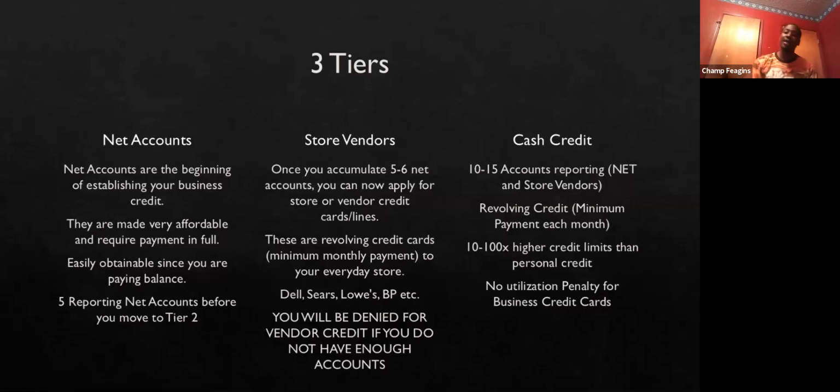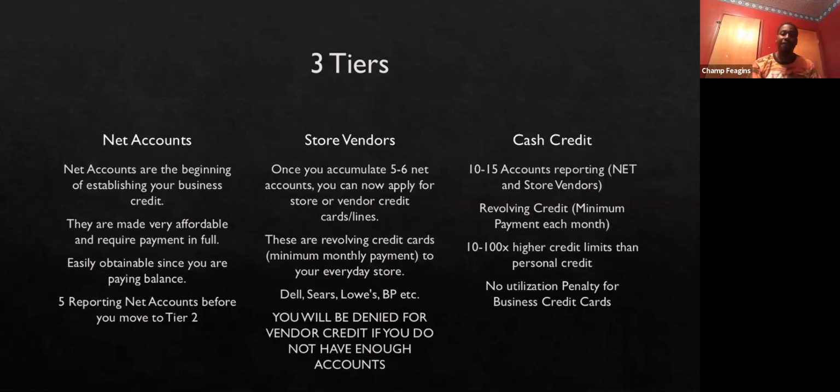So do not go apply for cards, even if they send them in the mail. They send them in the mail because you are in the banking system, right? They're gonna deny you if you don't have accounts reporting on your business profile. I'm telling you, the guy I have on who's gonna be an expert, who's gonna speak in a little bit, he'll tell you. Don't apply for them because you're gonna get denied.